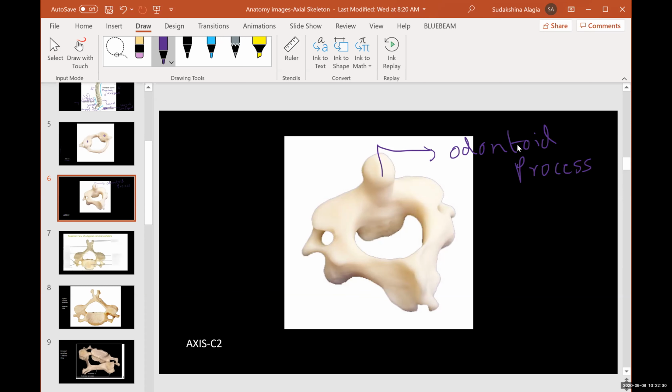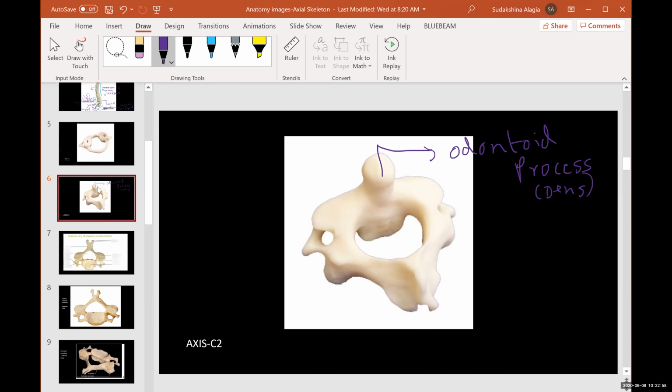The actual anatomic name is odontoid process. I have no idea where this dens word came from. That's anglicized, because I never heard of this when I was going through my studies, which mimicked the European system. Odontoid process.